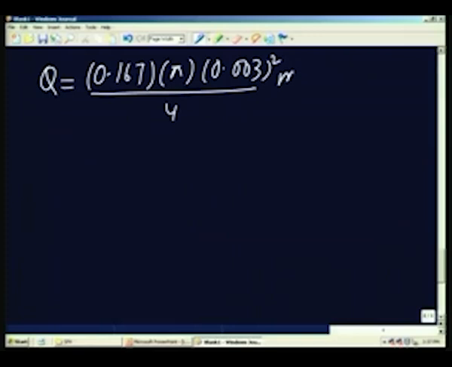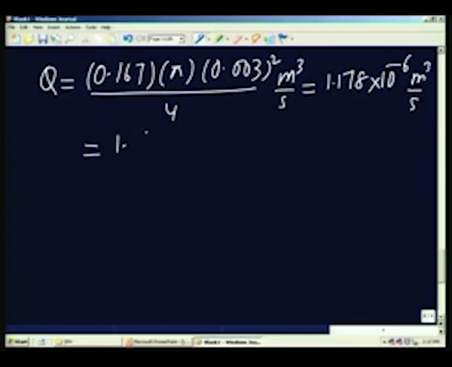This will be in meter cube per second, and this will come to a value equal to 1.178 into 10 to the power of minus 6 meter cube per second, which is the same as 1.178, which I will say roughly 1.2 milliliter per second. So, it is just a flow of 1.2 cubic centimeter per second, it is a very small flow rate.